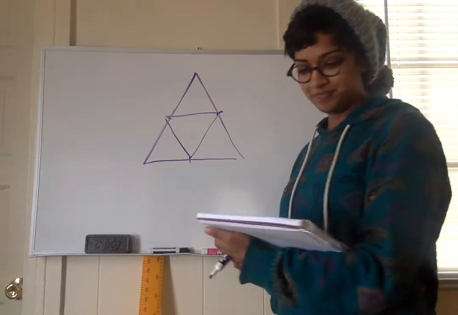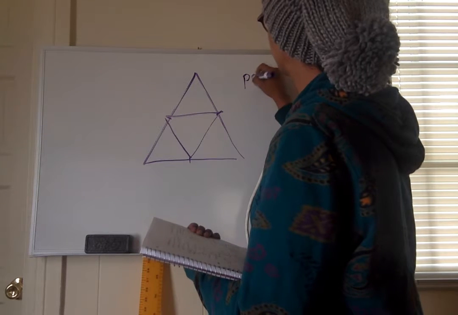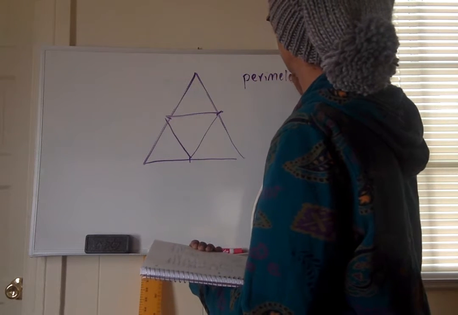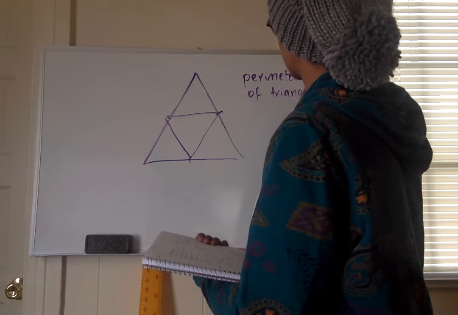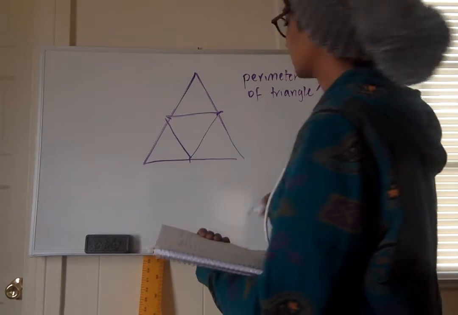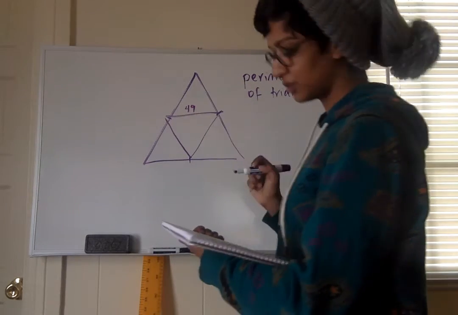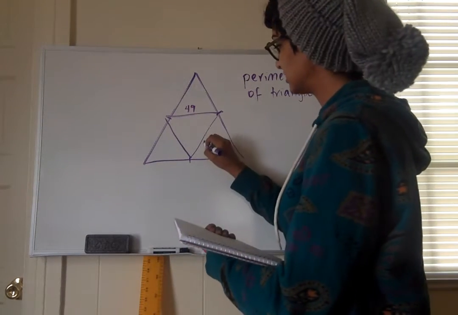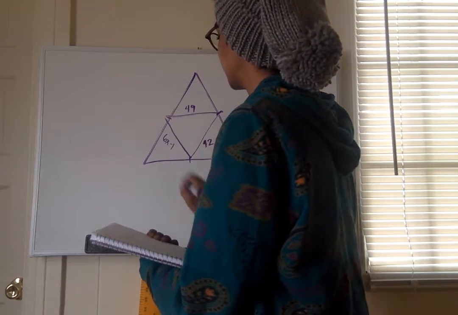Okay, alright. So I want to find the perimeter of this triangle. And I tell you that the midsegment is 49 right there. This midsegment is 42. And this midsegment is 6x minus 1.